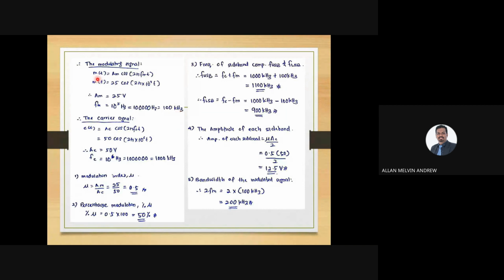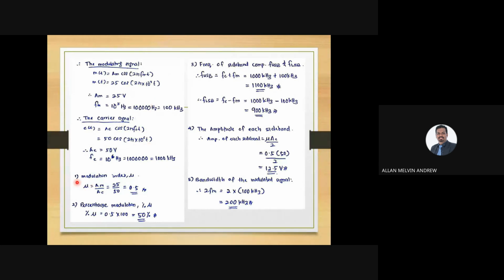Then the carrier signal, CT equals AC cos 2 pi FC t, so 50 cos 2 pi times 10 to power of 6. AC is 50 volt, FC is 10 to power of 6 hertz, equals 1 million hertz or 1000 kilohertz. So that's the values that we have gotten.